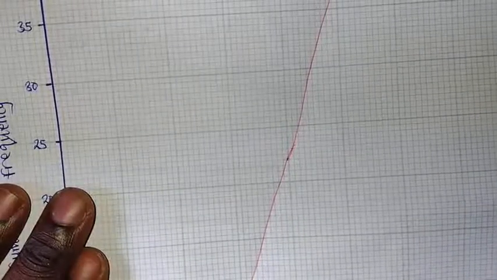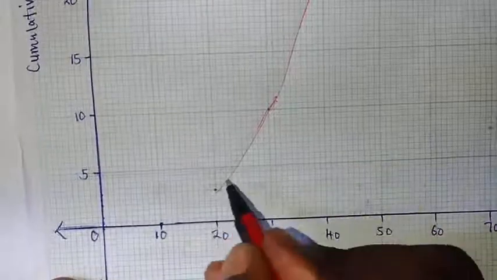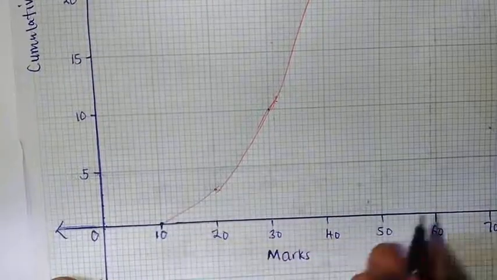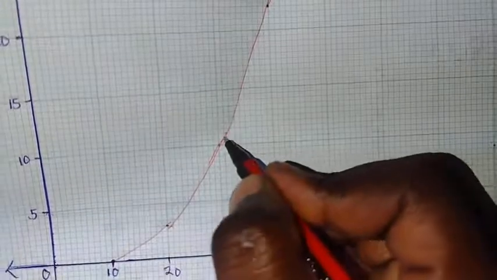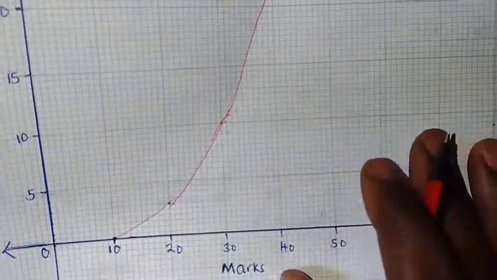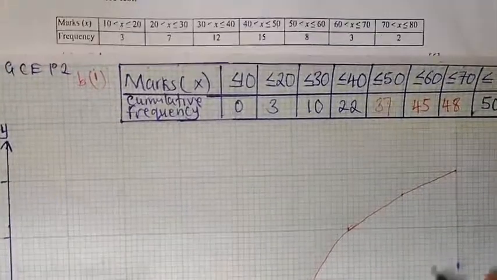It connects the points nicely like this. Even come to 10. This is our answer. This is what you are going to get, as you can see. Just here, I didn't connect the points nicely. You need to connect your points nicely. So this is our answer.